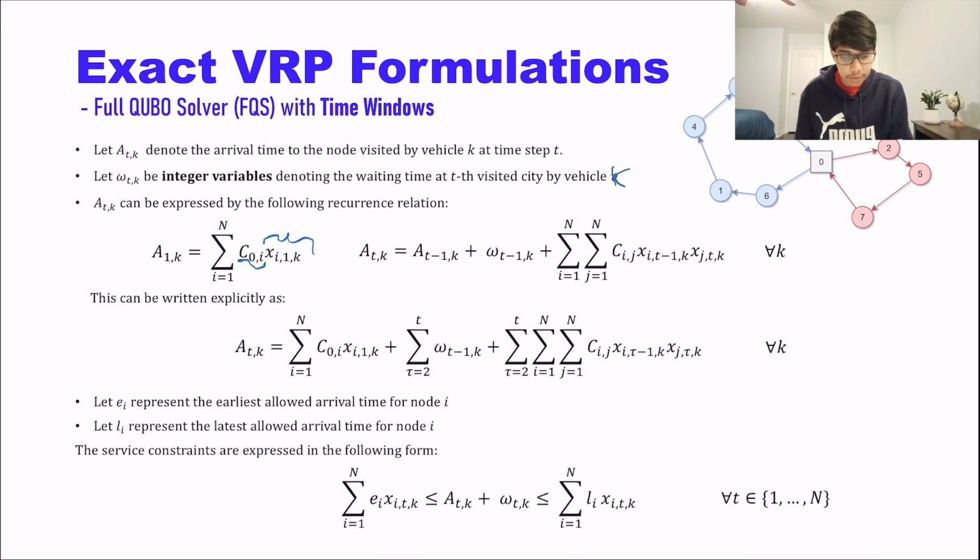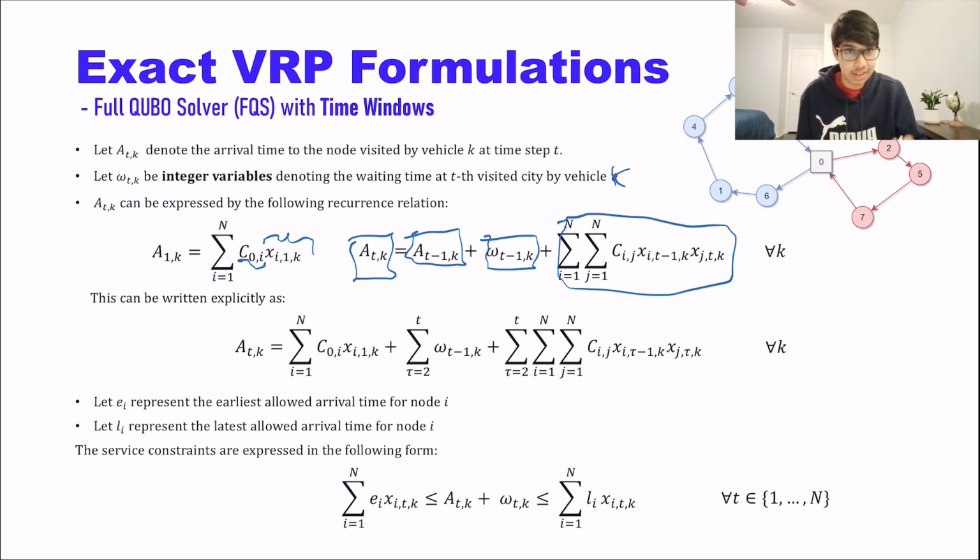And then we have a recurrence relation. For any A_tk, we take the arrival time at the previous node plus the amount of time the vehicle spent waiting at that node, maybe if it arrived too early. And then the next term is the cost for getting from the previous node to the current node. And of course, we can convert this into an explicit form because this is much easier to encode on a D-Wave annealer rather than the recurrence relation.